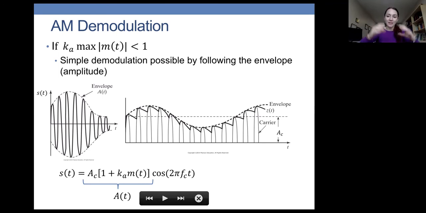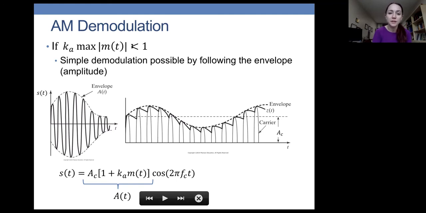If we think of the maximum negative value, for example, and if Ka times that value is less than 1, then it is guaranteed that 1 plus Ka m of t is always going to stay above 0. And in that case, the envelope of the modulated signal will look exactly like m of t.